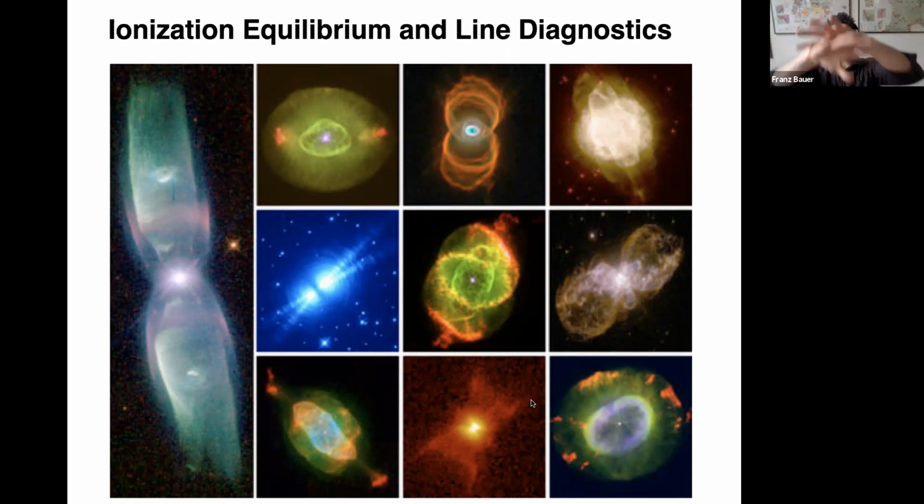The white dwarf is now ionizing that medium, which is slowly expanding at a few tens of kilometers per second. Over 50,000 or 100,000 years, that will blend into the interstellar medium and vanish, and you'll have a white dwarf, and that'll be that. So it's a very limited evolutionary stage.